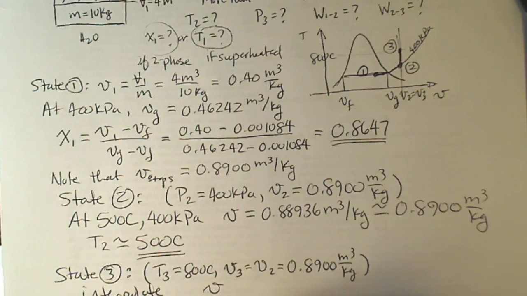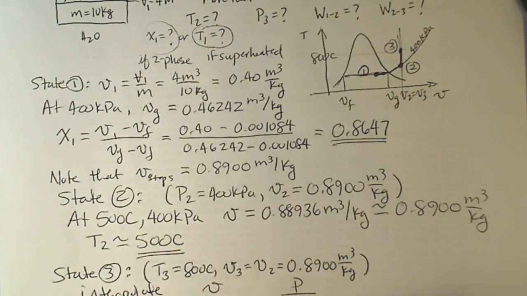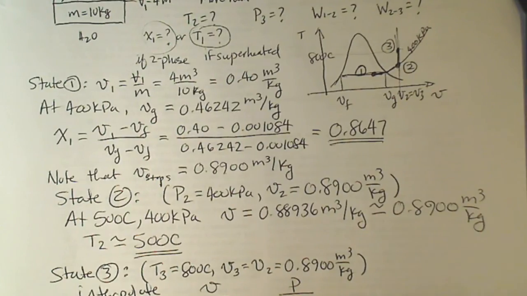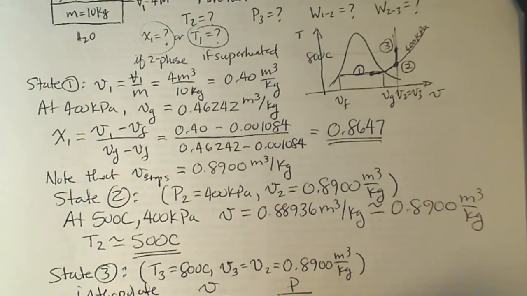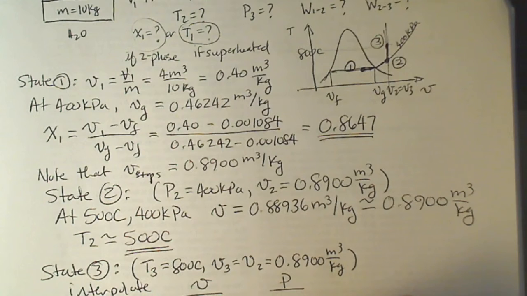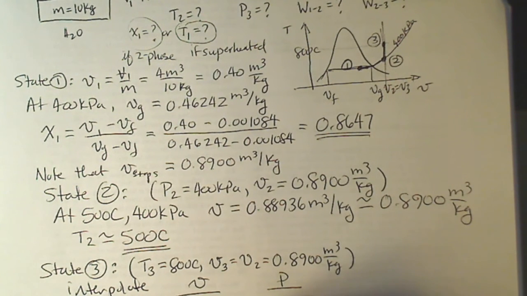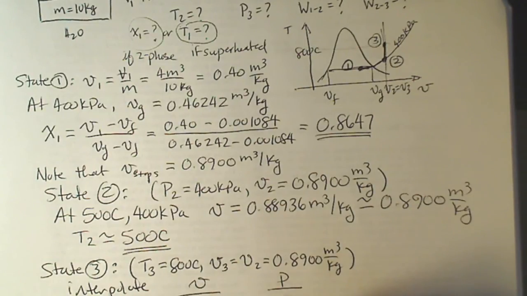In other words, the specific volume at 800 C and 500 kPa is 0.98966, and the pressure there is 500.